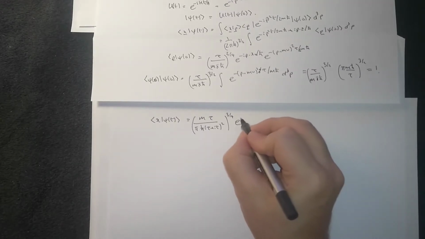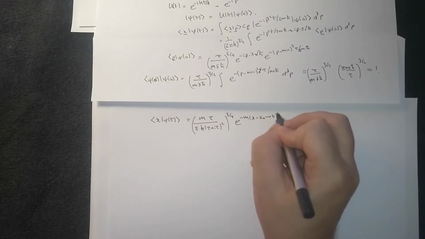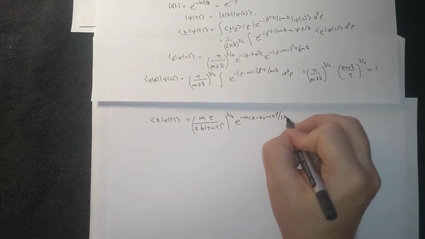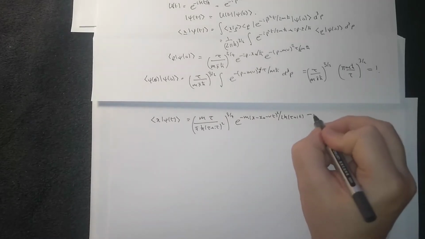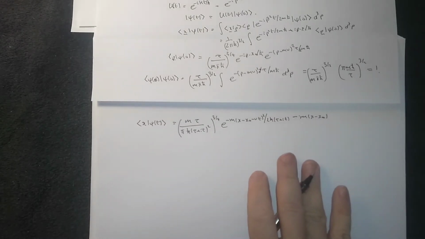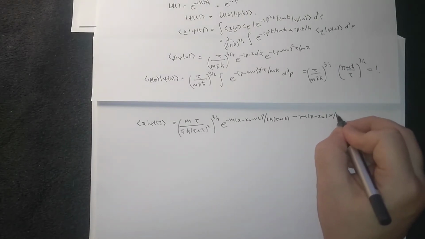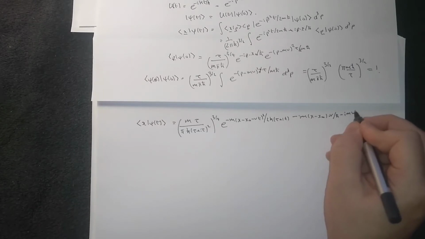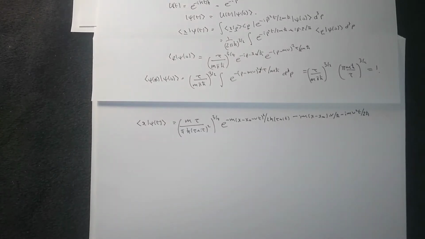So we get e to the minus m x minus x naught minus vt squared over 2h bar tau plus it, minus i m x minus x naught dot v over h bar, minus i m v squared t over 2 h bar.